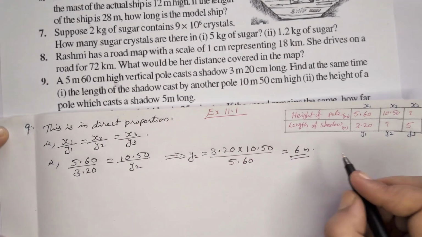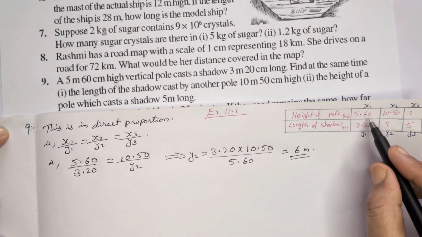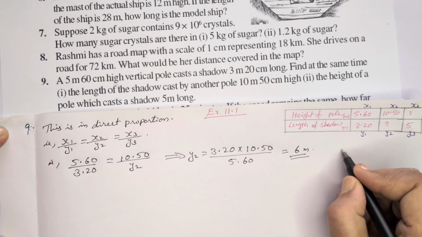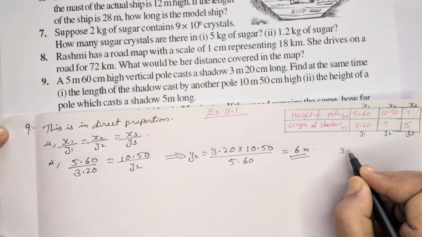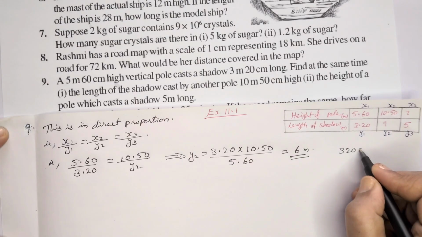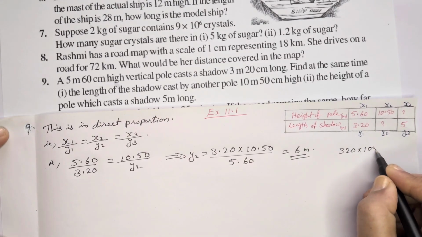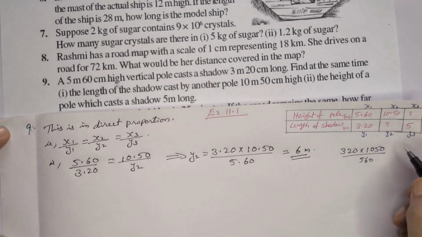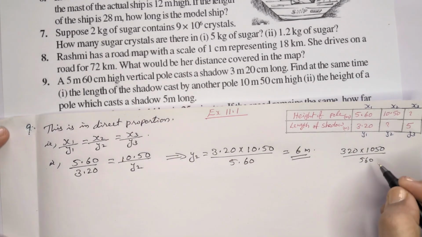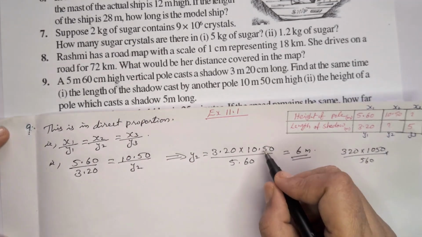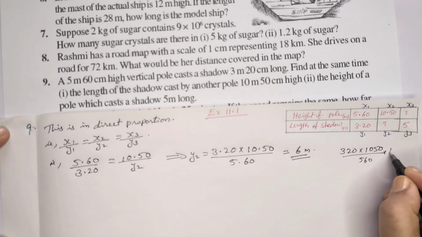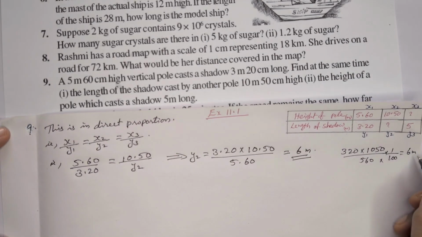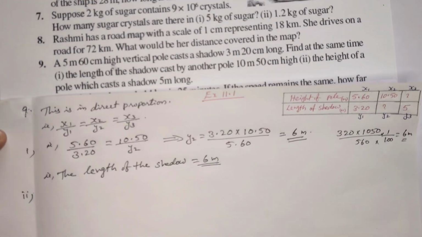For simplification, if we want, we can do it in centimeter instead of meter. In centimeter, the calculation will come like this: 320 centimeter into 1050, divided by 560. Then we can simplify that, one more decimal part is there, so 1 by 100, which is equal to 6 meter we will get.